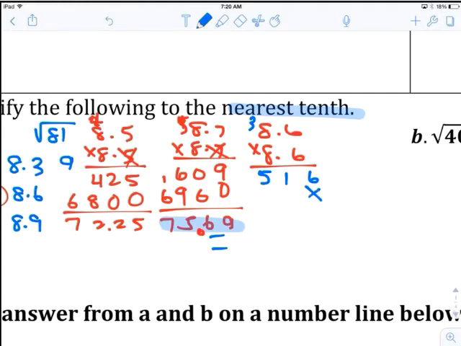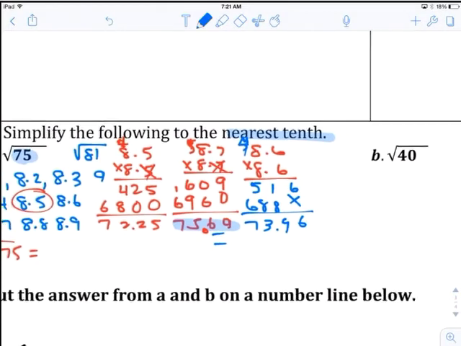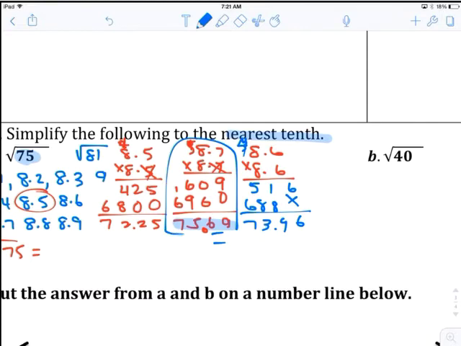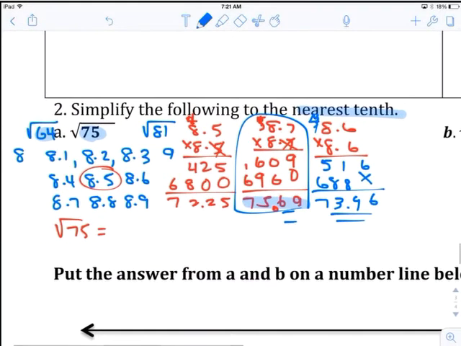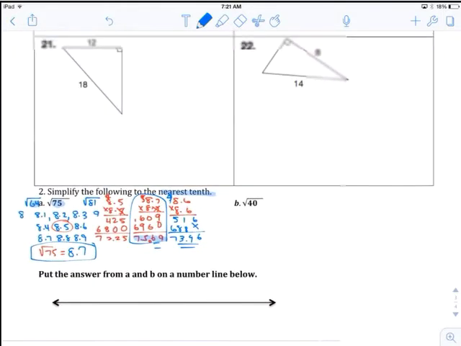Getting sucky. 48, carry 4. 68. 6, 9, 13. Really little. Okay, I hope I didn't multiply wrong. So far from 75, 1.04, where this is only a little off, so 8.7 is my answer, the square root of 75.